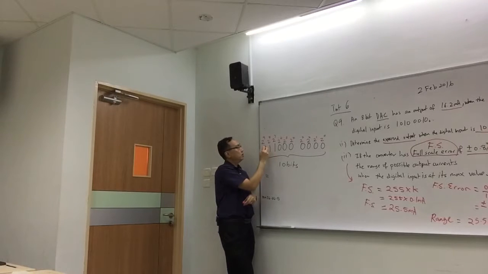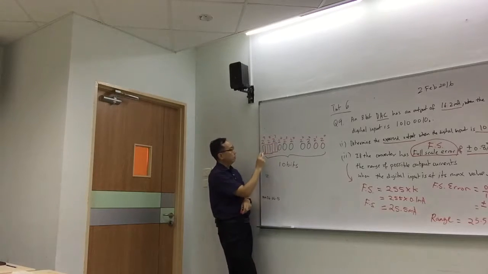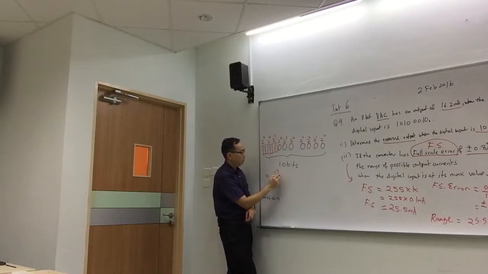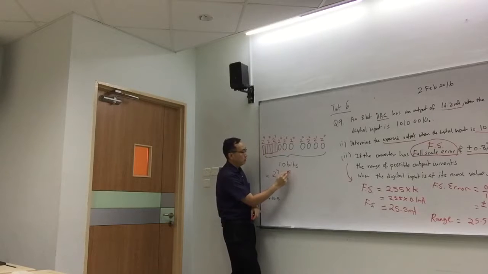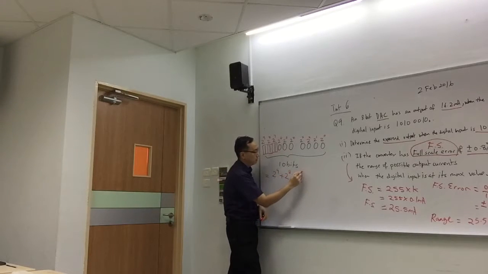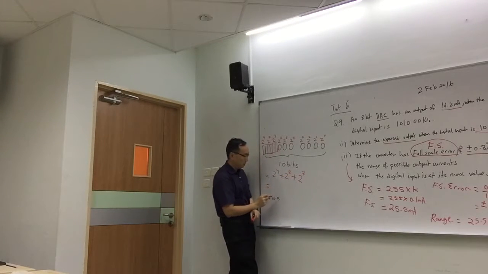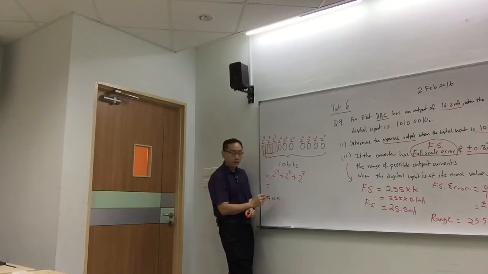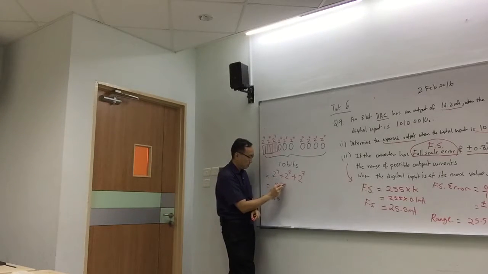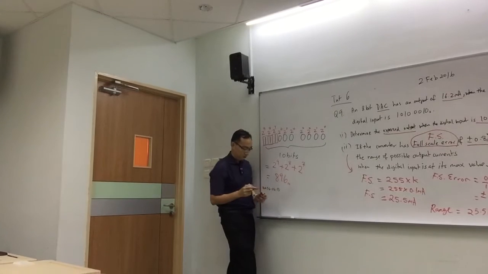So I only consider these 3. What I do is take 2 to the power 9 plus 2 to the power 8 plus 2 to the power 7. So what's your answer? 896, base 10.